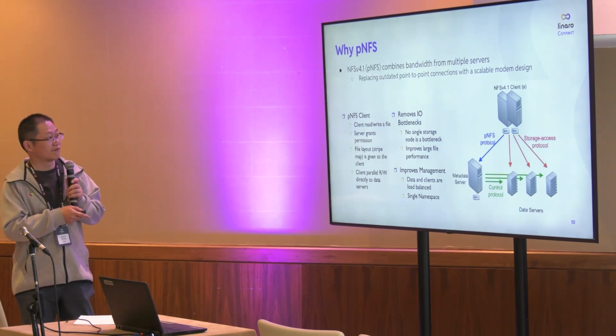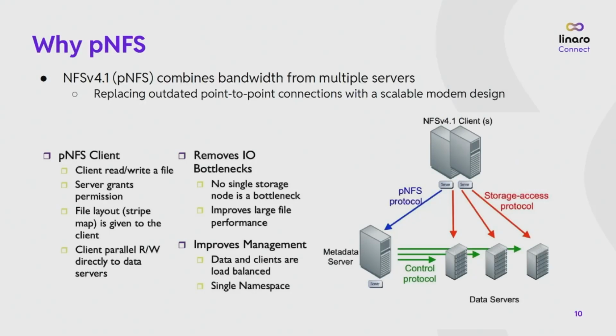So this is the flow of the pNFS client. The client reads or writes a file, and the server grants permission. Because the file may be striped, it also needs to tell the client which devices the client should access. And at last, the client accesses the data servers directly in parallel, and it removes the I/O bottleneck.